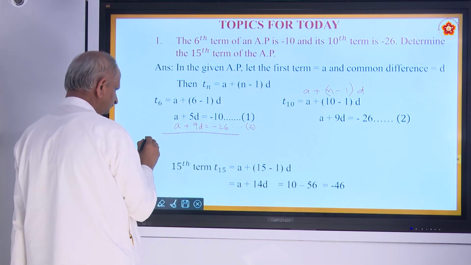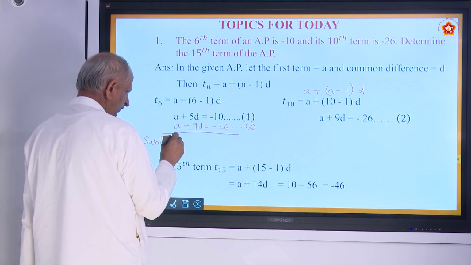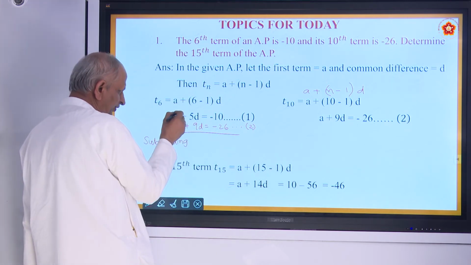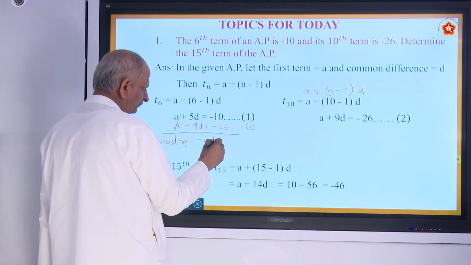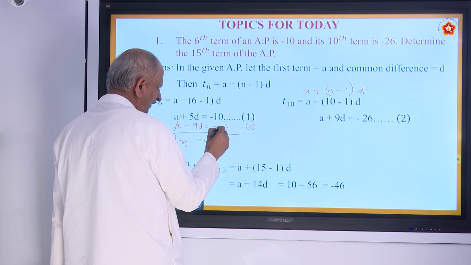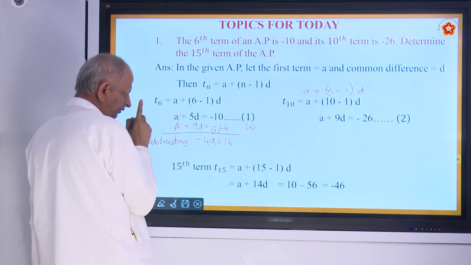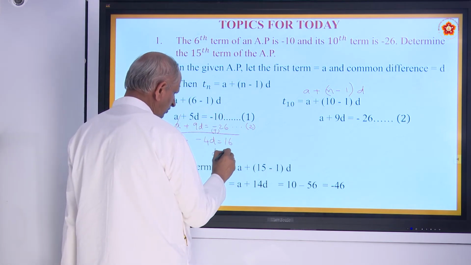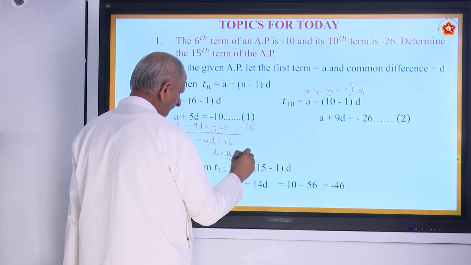Subtract. Subtracting equation number 1 from 2. These two cancels. This becomes minus 4D. This is minus of minus become plus 16. 26 minus 10 is 16. So D is equal to 16 by minus 4, that is minus 4.